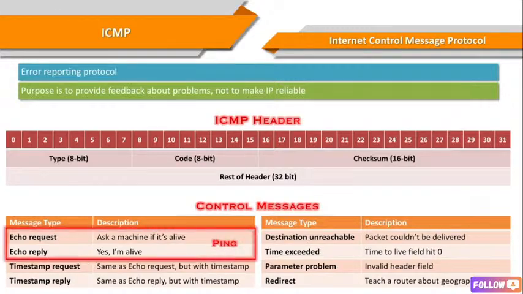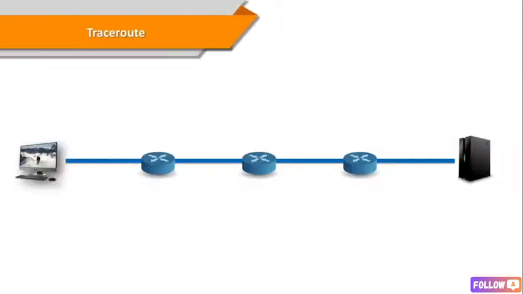Ping is the most well-known application of ICMP. It operates by sending ICMP echo request packets to the target host and then waiting for an ICMP echo reply. Some routers and firewalls are configured to not pass ICMP echo requests or echo replies.